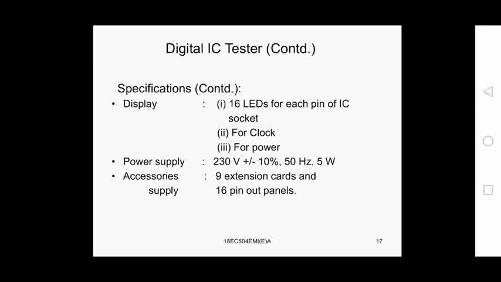If an LED glows, that particular pin is working. If the LED is not glowing, then that particular pin in the IC is not working, and is found to be faulty.